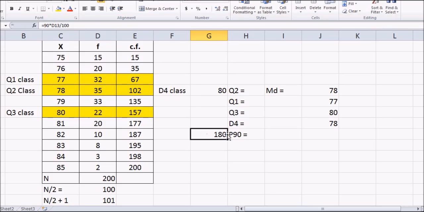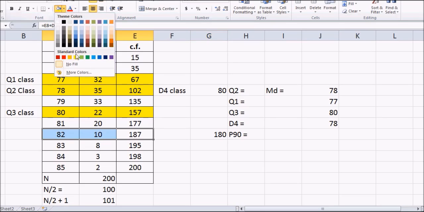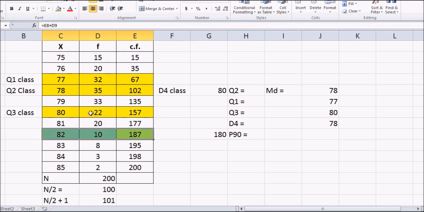So my P90th class is the one where the cumulative frequency is 180. So 180 happens to be in this class here. So let me give a different color for this. So this is your P90th class, and my P90 happens to be 82.